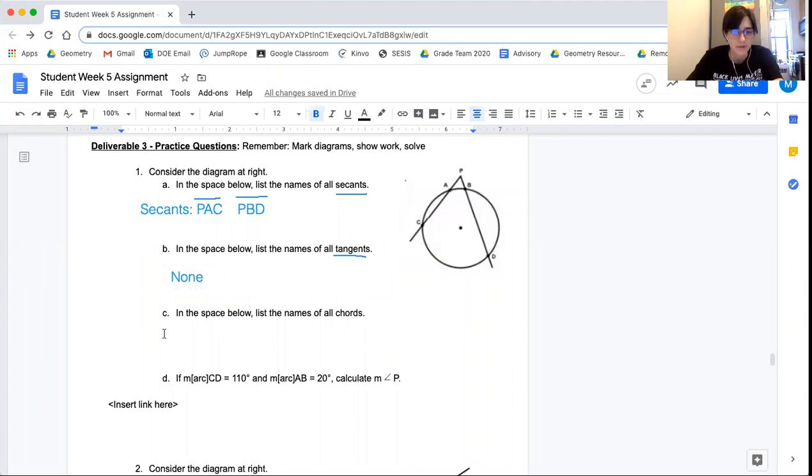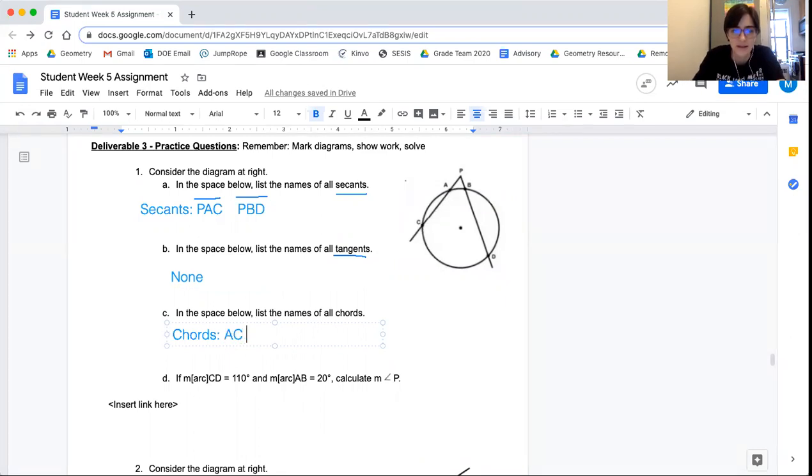In the space below for part C, list all the names of the chords. If I look back up at my notes or think back, chords are lines that intersect the outside of a circle, or meet the outside of the circle, but don't extend beyond it. So my chords are going to be inside my secants, the part that's just meeting the edge of the circle.